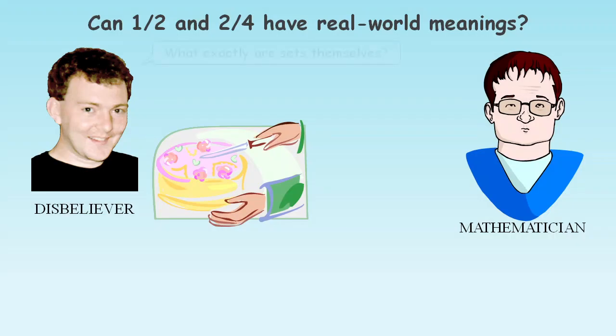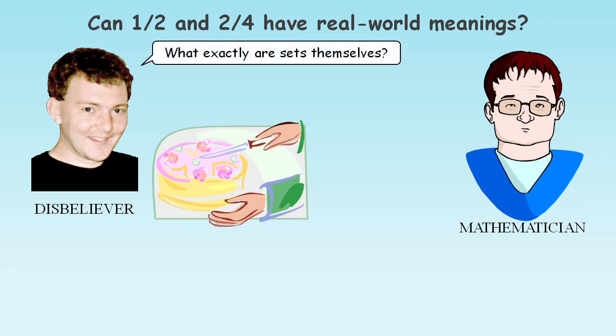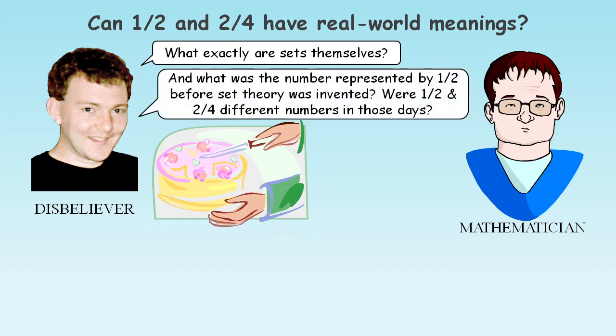So in order to try to understand what a number itself actually is, we have gone down a rabbit hole, where apparently everything is built up from sets. So now we need to know exactly what a set is, rather than what represents a set. And how did they describe the number represented by a half before set theory was invented?